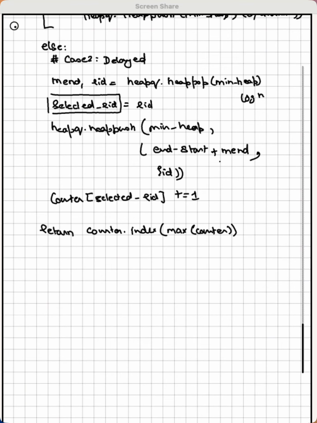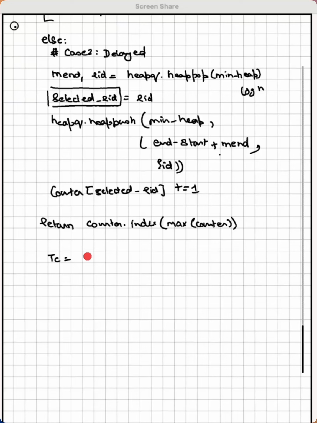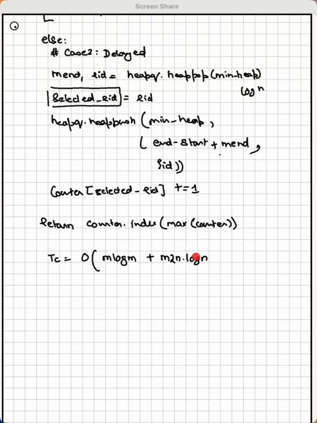So if we put it all together, first we are taking the time complexity to sort it. Then for every meeting, we are taking worst case of n log n, which is 2n log n, which is the worst case. Or in the other case we could be using just log n.